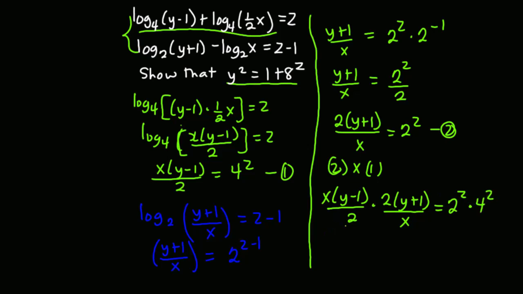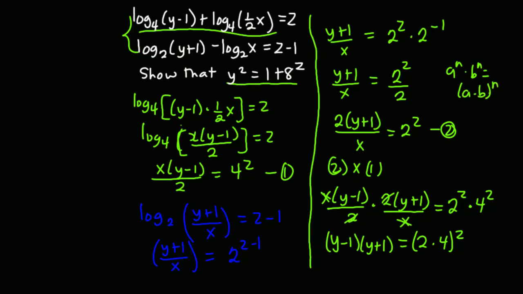And so these two will cancel themselves, and the x will cancel that. So we'll be left with y minus 1 times y plus 1 is equal to 2 times 4 all to the exponent z, because generally a to the n times b to the n is the same as a times b all to the power n.